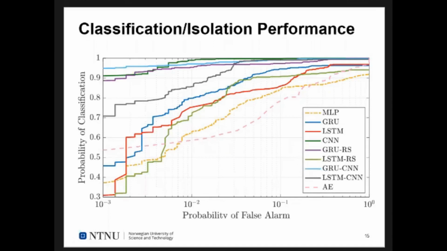If the detection is in place, but we say that sensor 2 is in fault while it was sensor 1, this will be a correct detection of the problem, but a wrong isolation. So with a given false alarm, we are trying to measure how many correct classifications we are performing. And again, we can see that CNN and similar CNN-based versions are still performing much better than the rest.